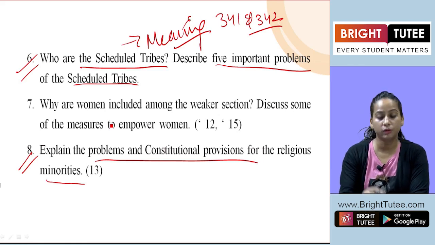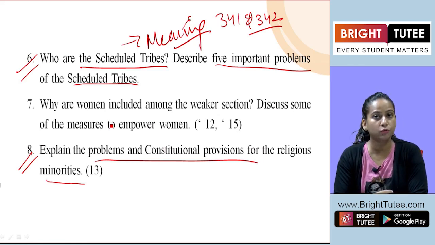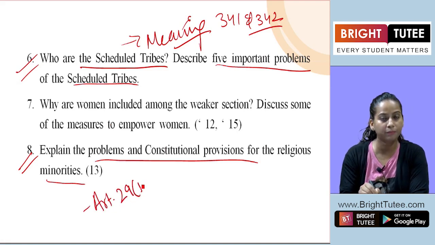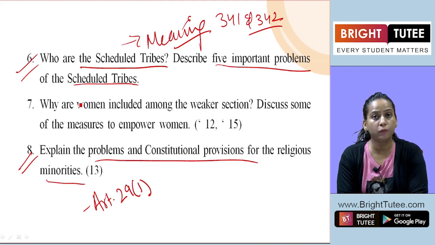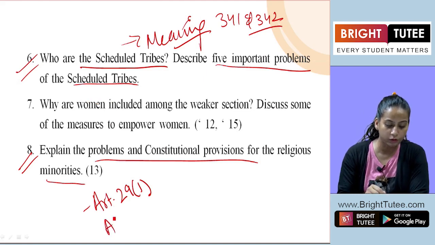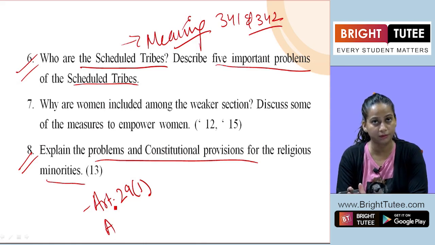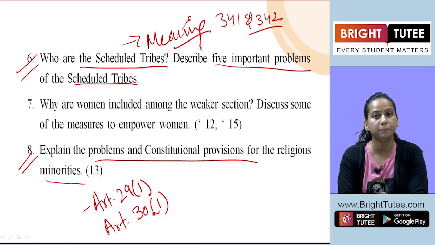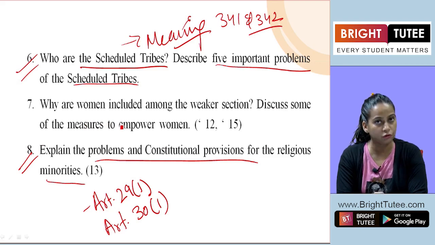Here we have to give the details according to the article. For example, we can mention according to Article 29 Part 1, they have the right to preserve their own language and culture. And then in detail you have to explain that. Beside that you can mention according to Article 30 Part 1, they have the right to establish and administer their educational institutions.